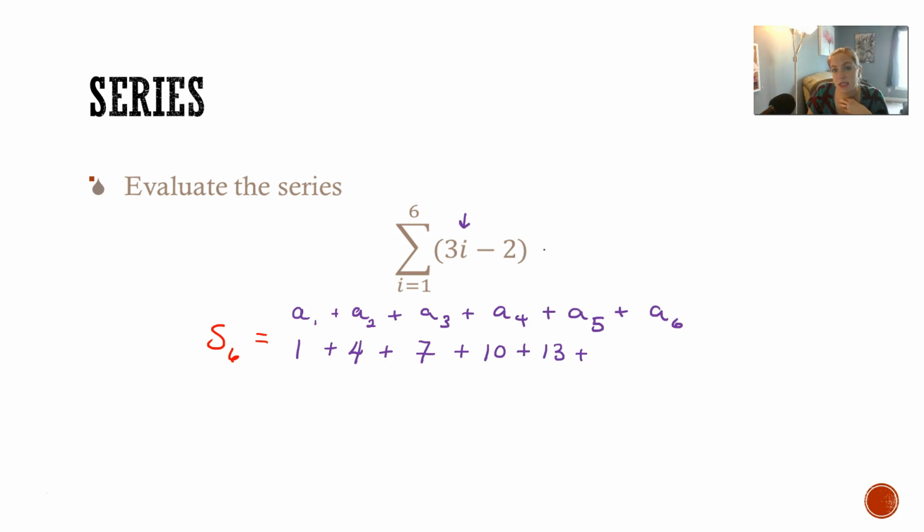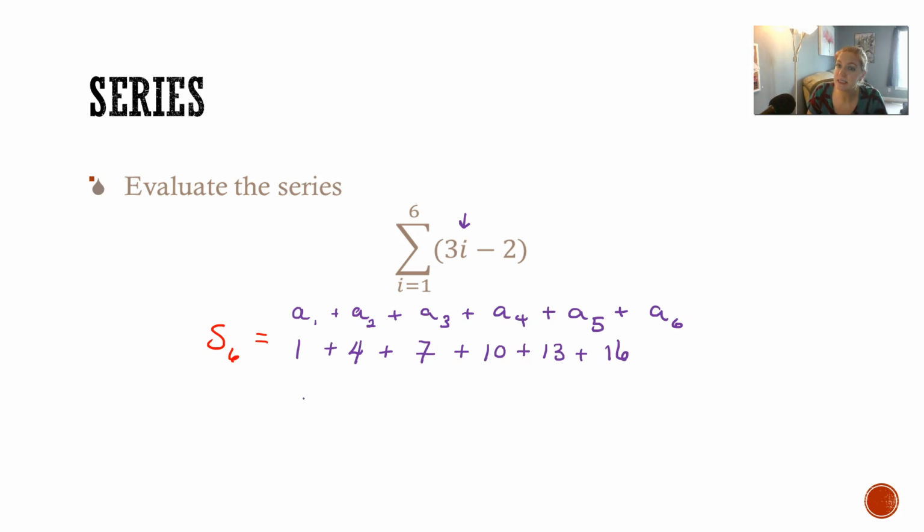A sub 6: 18 minus 2 is 16. You can also see that it increases by 3 each time because you're doing a multiple of 3. That's another way to look at it: you're just finding the pattern of what's happening in that sequence.